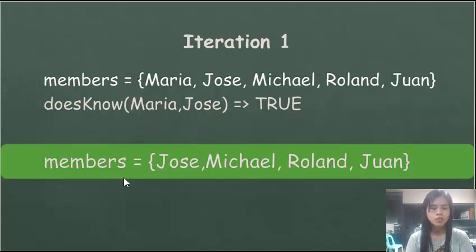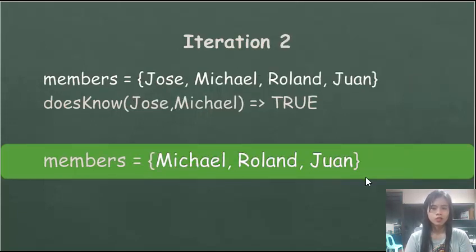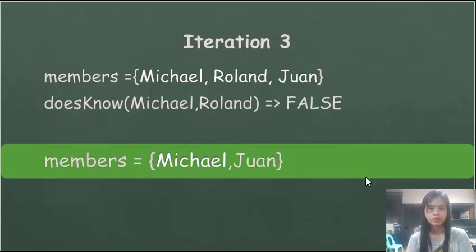Now the members left are Jose, Michael, Roland, and Juan. For the second iteration, we pass Jose and Michael to the doesKnow function. Jose knows Michael, so it's true, and we remove Jose from the list. Now the members list are Michael, Roland, and Juan.